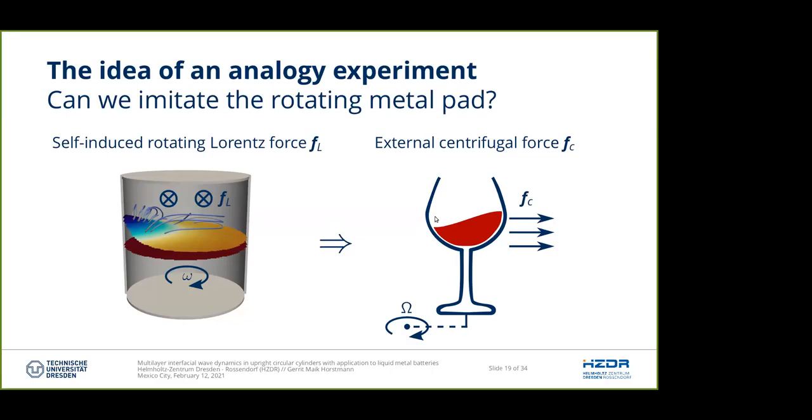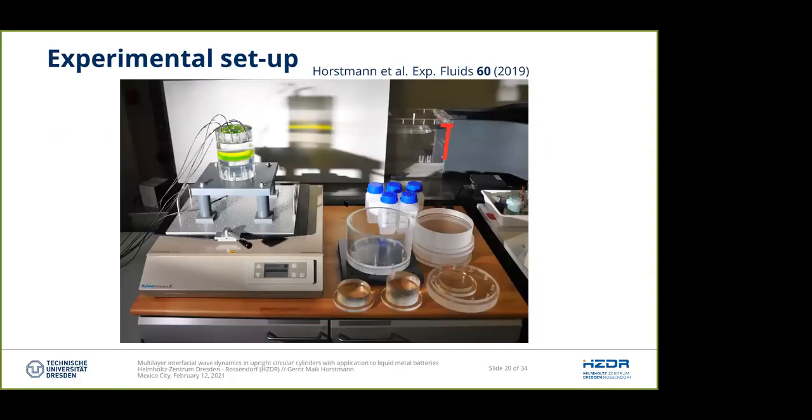But if we excite at resonance and do it carefully to have linear waves, we have perfectly the same wave motion. So this way we can imitate the wave as it results from the metal pad roll instability. And I constructed this quite simple experiment where I have an orbital shaker, which makes perfectly orbital or circular trajectories to excite waves in this cylinder.